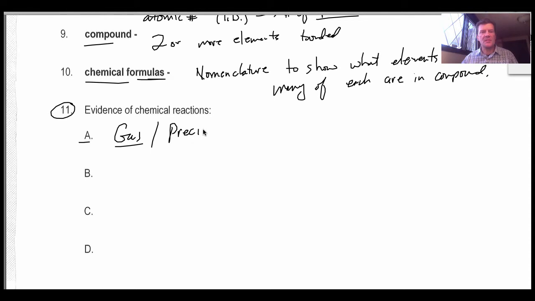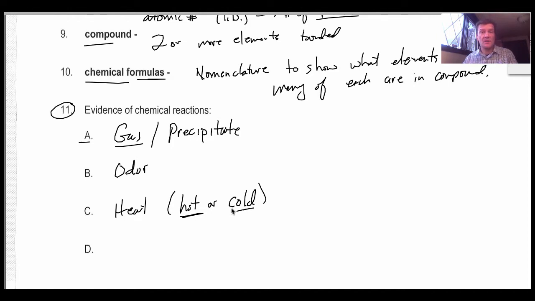A precipitate is a solid that is formed that wasn't there normally. You might smell a new odor. You might detect heat, and that might be your container in which the reaction is taking place. It might feel hot or cold. If it's hot, that means heat is being given off, and if it's cold, it means heat is being absorbed. And then you might detect a color change.